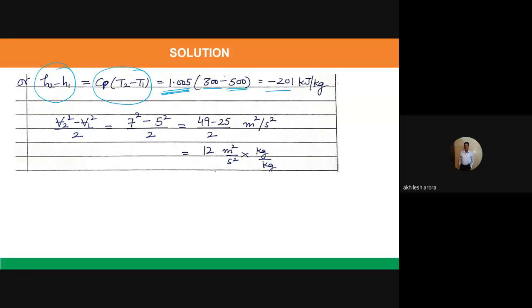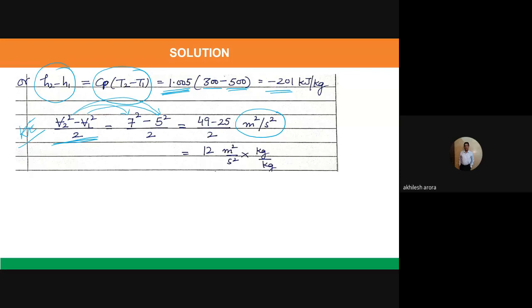Then the next thing is to calculate the change in kinetic energy. This is the kinetic energy term. Why am I showing you here? Because it is V2 square minus V1 square. This velocity V2 is 7, V1 is 5, and when you see the units here, it is meter square per second square, whereas the unit of H2 minus H1 is kilojoules per kg.